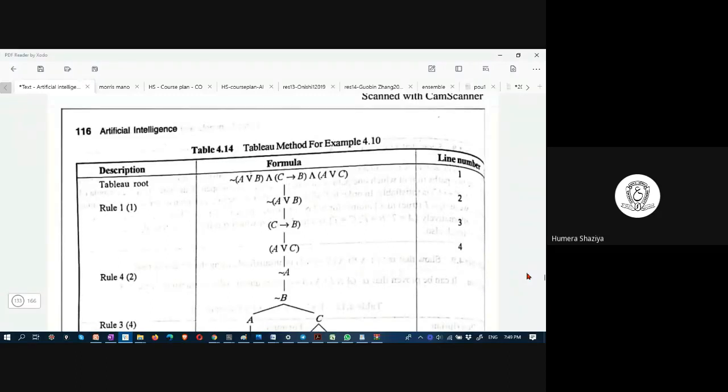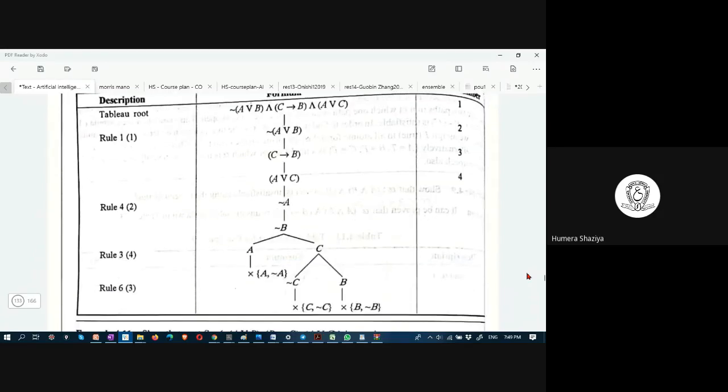Table method, for example, 4.10. Here the table root is given: not A or B, and C implies B, and A or C. Students, will you tell me which paths should be single and which can be multiple?